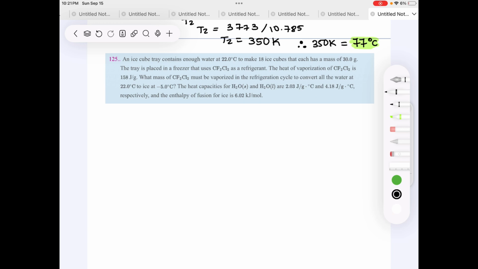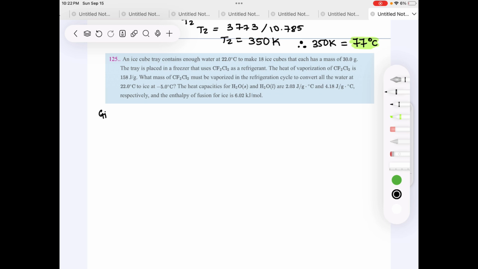The heat capacities for H2O solid and H2O liquid are 2.03 joules per gram degrees Celsius and 4.18 joules per gram degrees Celsius respectively, and the enthalpy of fusion for ice is 6.02 kJ/mole.